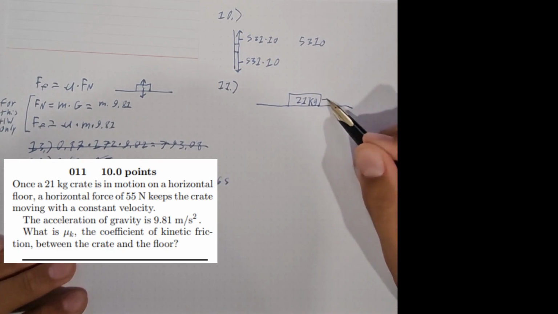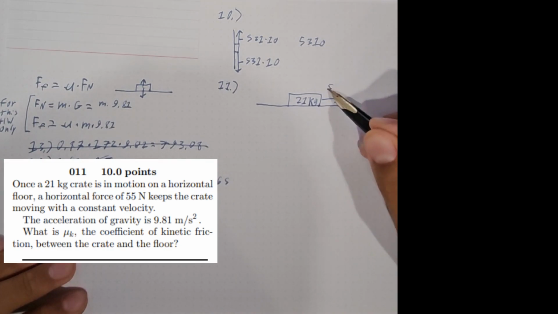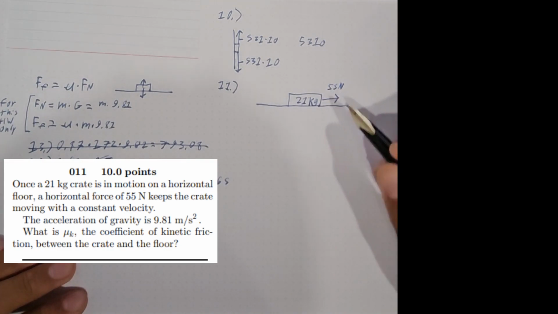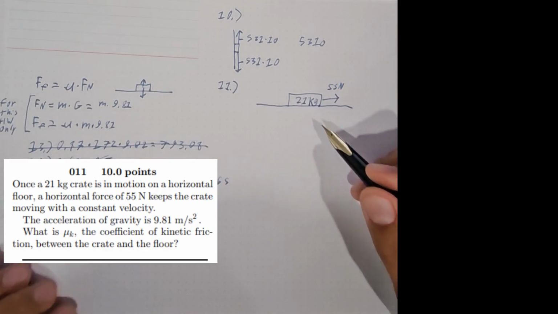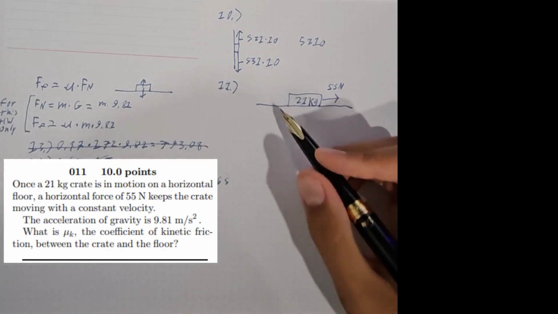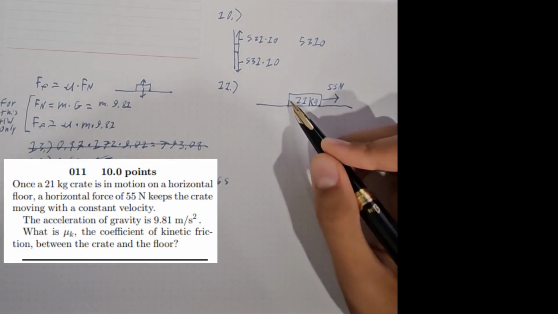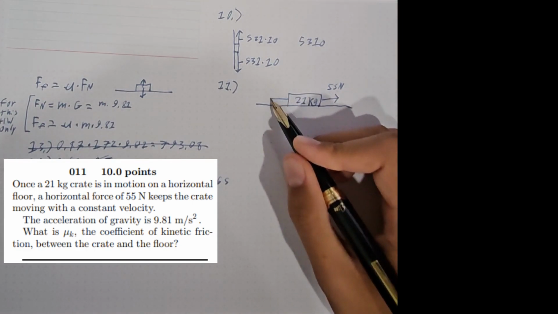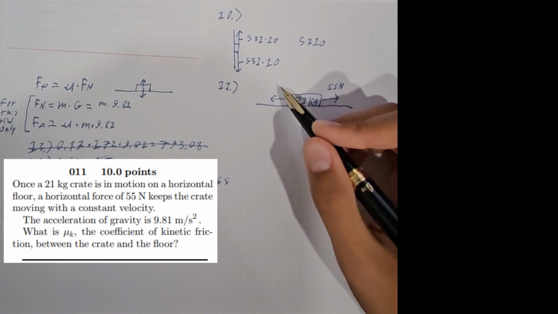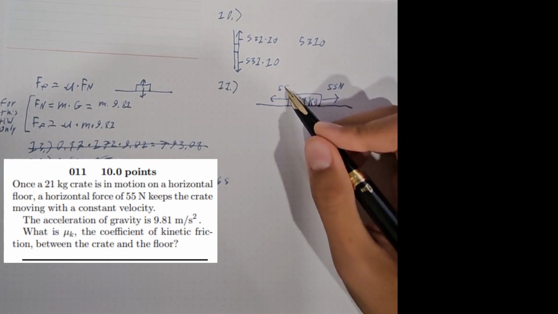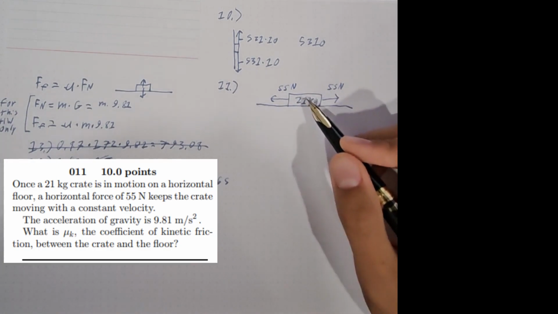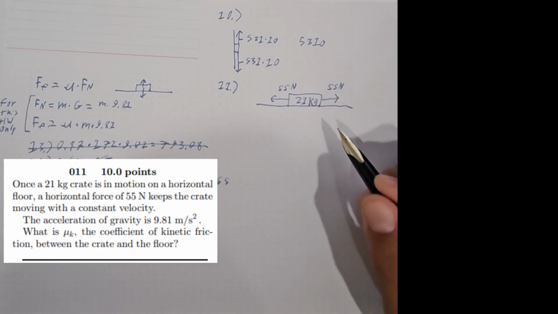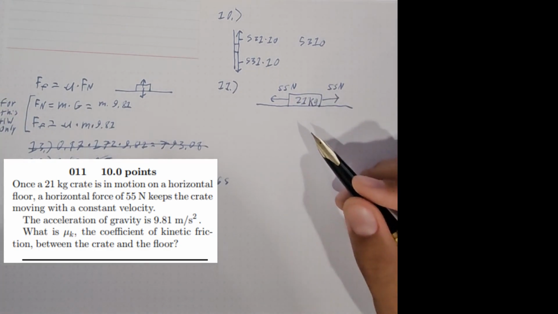There is a 55 Newton force that keeps it moving at a constant speed, which means that the net forces are again 0. So the force of friction, in this case, is also 55 newtons, because remember, the crate is not accelerating, which means the net forces are 0.